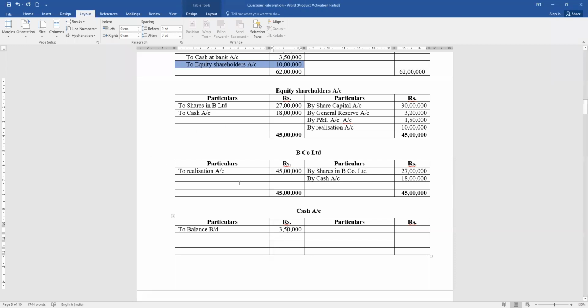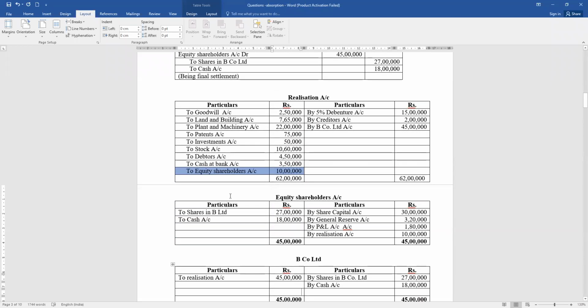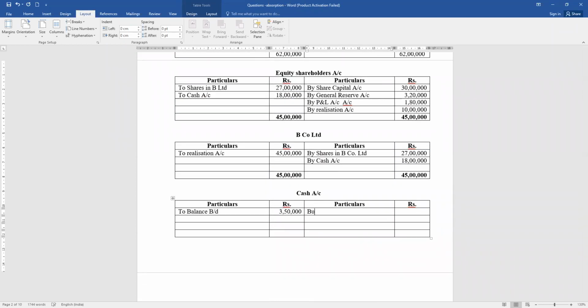Okay, you have written the balance. Next, go back to the previous ledgers. Wherever cash is there, just post on the opposite side. So by realization account, 3,50,000. And then here, one cash is there, so write in the credit side by equity shareholders account 18 lakhs.